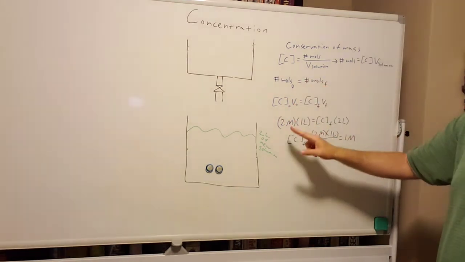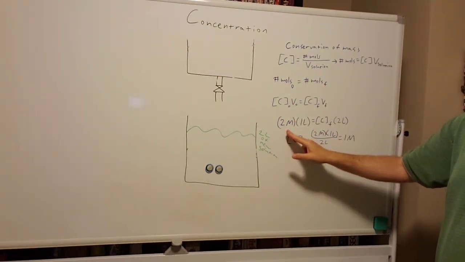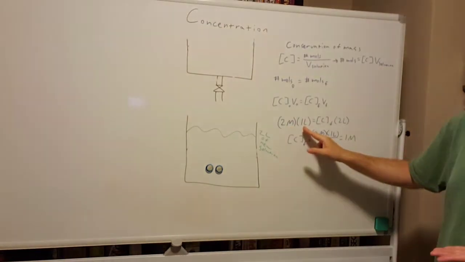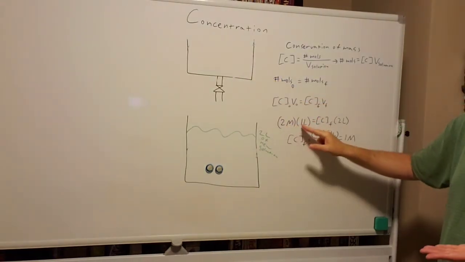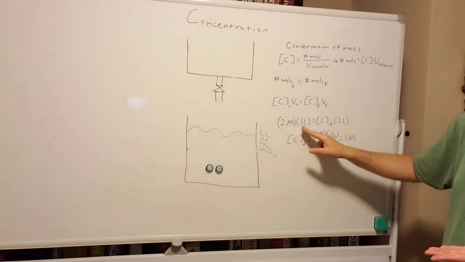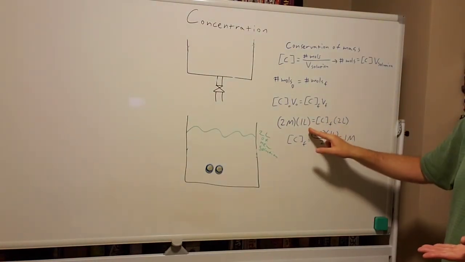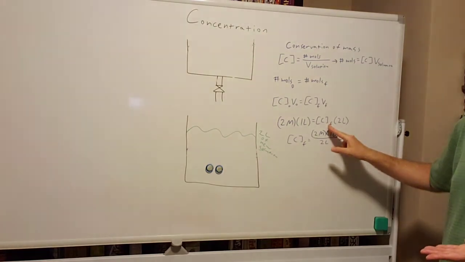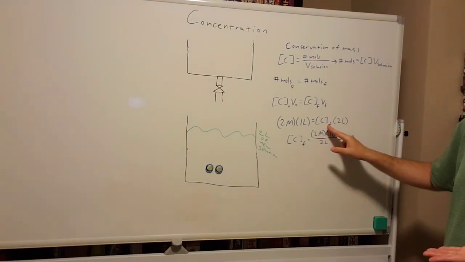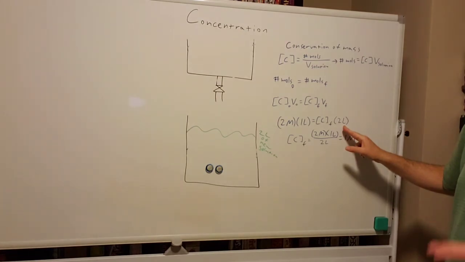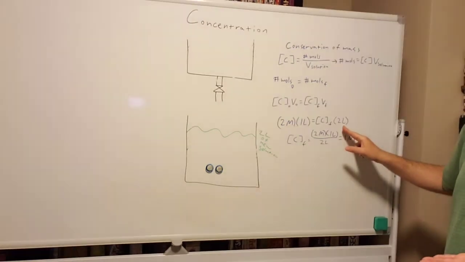Plugging in the numbers, we start off with 2 molar, so 2 molar solution. That's what we originally started with, a 2 molar solution. We had 1 liter of that initial solution. So we had 1 liter. That must equal to whatever our final concentration is multiplied by the final volume, which is 2 liters.